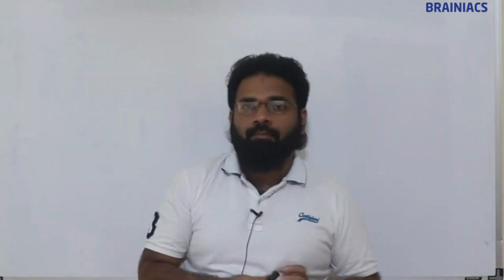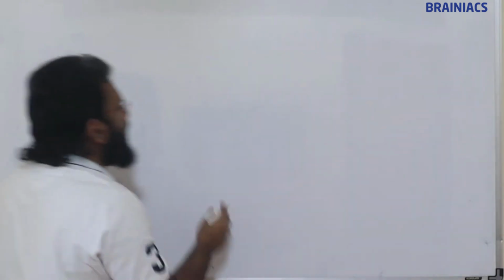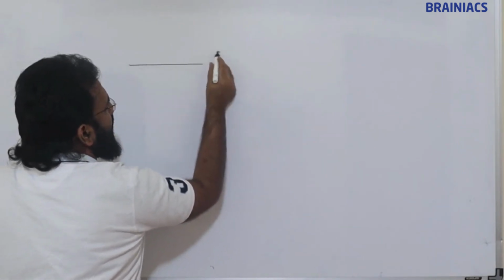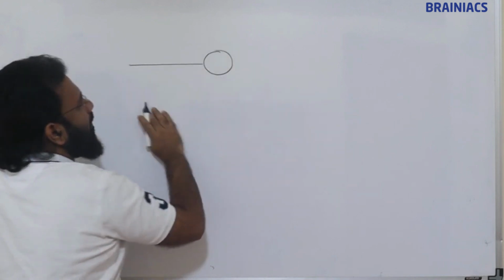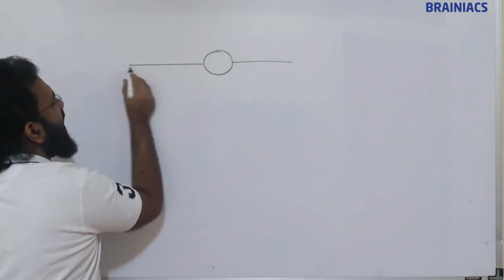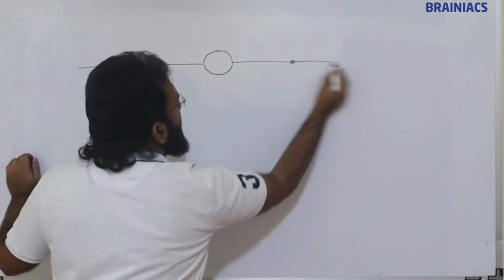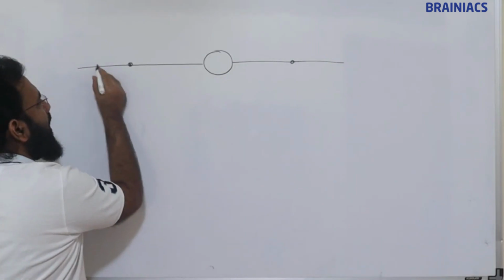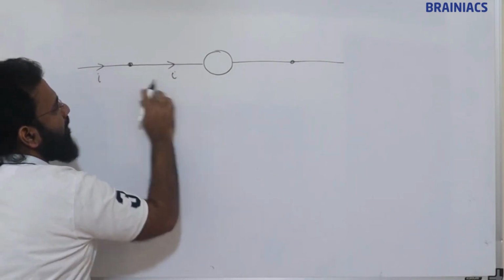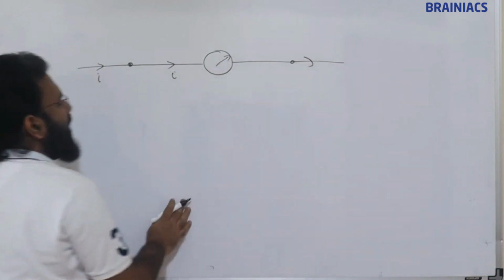A galvanometer consists of a coil. Suppose we connect the galvanometer in a circuit, current will pass through it and it will show deflection.